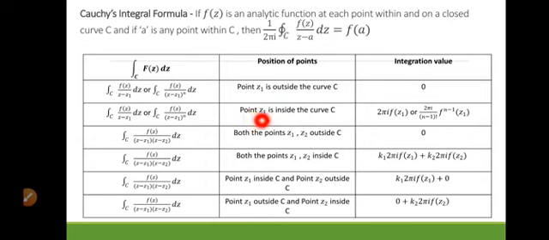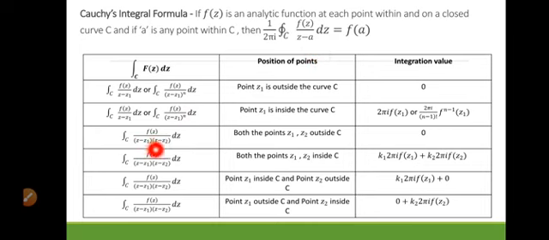The second position of z1 is inside the curve C. If this is the case, then the integration value is either 2 pi i f(z1), or 2 pi i upon (n minus 1) factorial times the (n minus 1)th derivative of the function at z equal to z1. So these two cases are for the single point A or z1.